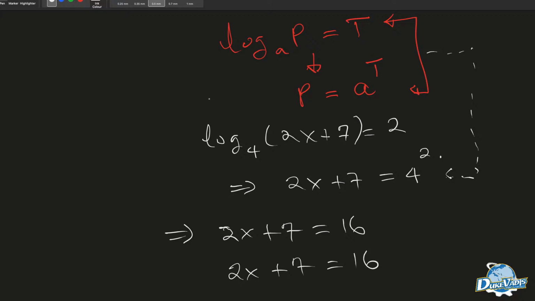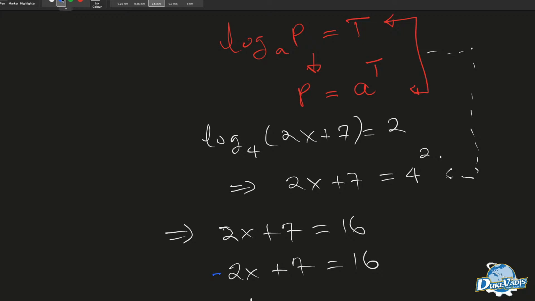We are going to subtract 7 from both sides of the equation, so that the 7 on the left is removed. That will make it easier for us.